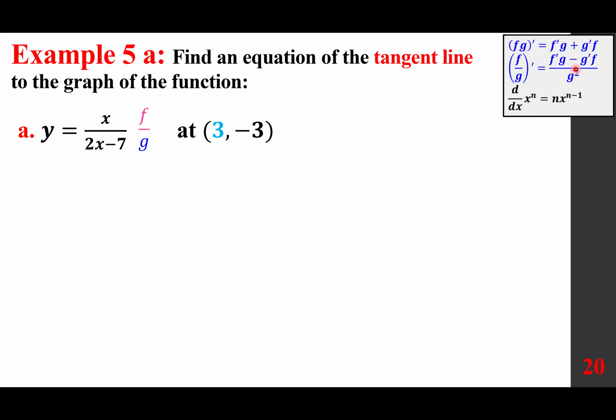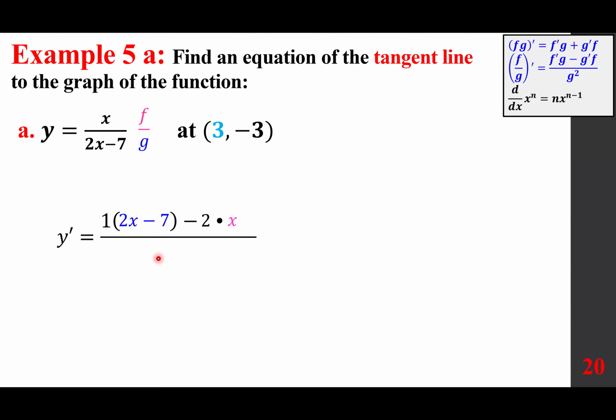To differentiate this, we notice it requires a quotient rule. We're going to call it f over g. So f prime g minus g prime f over g squared. So y prime is f prime, which is 1, times g, which is 2x minus 7, minus g prime, the derivative of the bottom is 2 times f, which is x, over g squared.